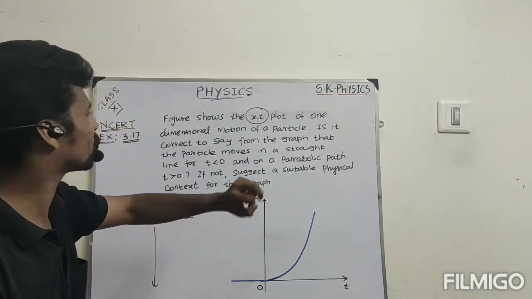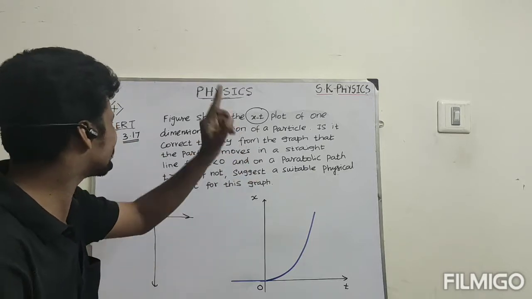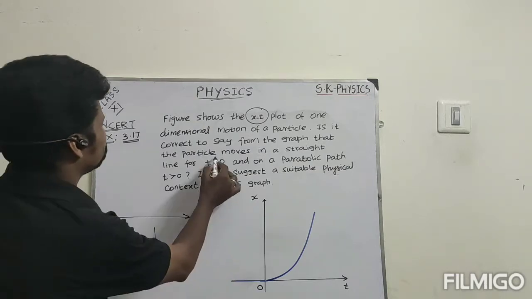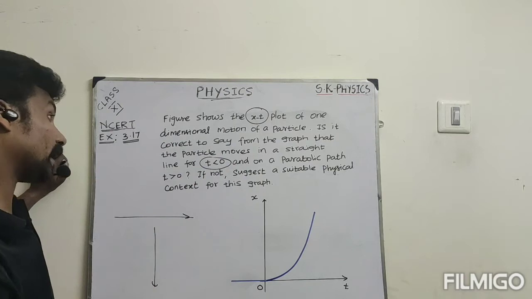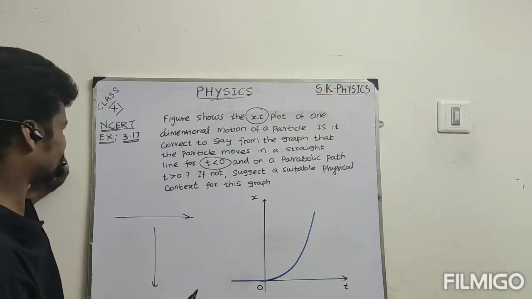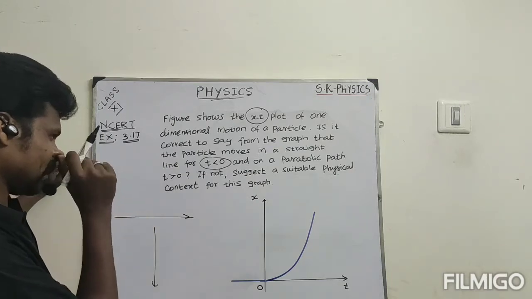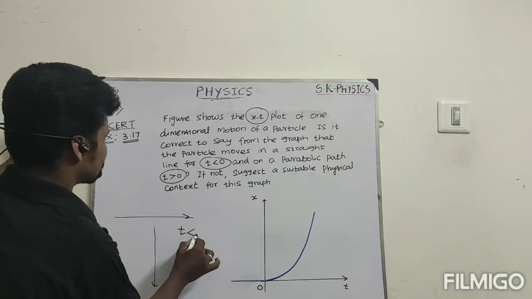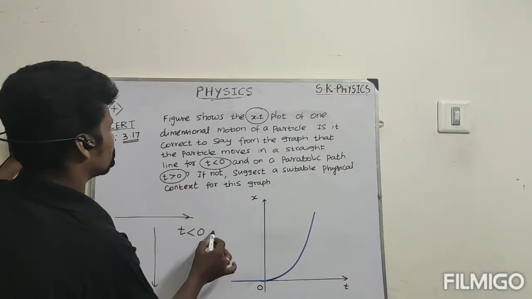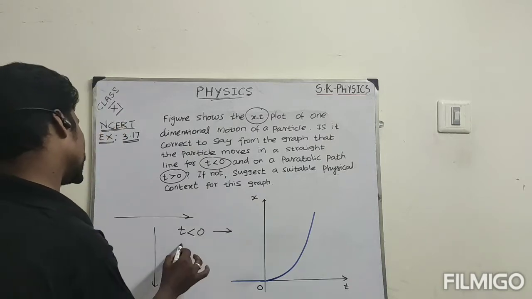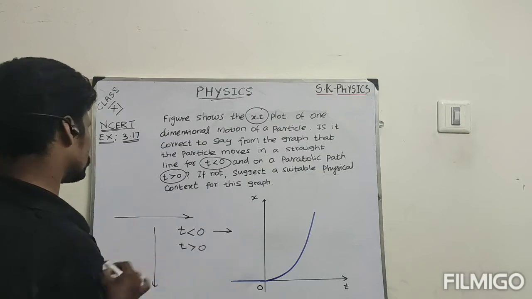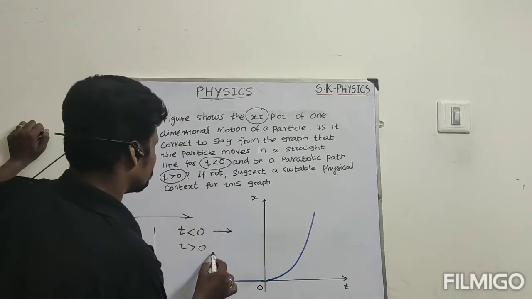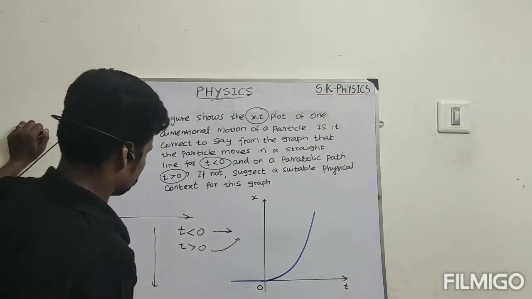Is it correct to say from the graph that the particle moves in a straight line for t less than 0 and on a parabolic path for t greater than 0? What they are asking is, when t is less than 0 the motion of the particle is a straight line, and when the time is greater than 0, the particle is moving in a parabolic path.